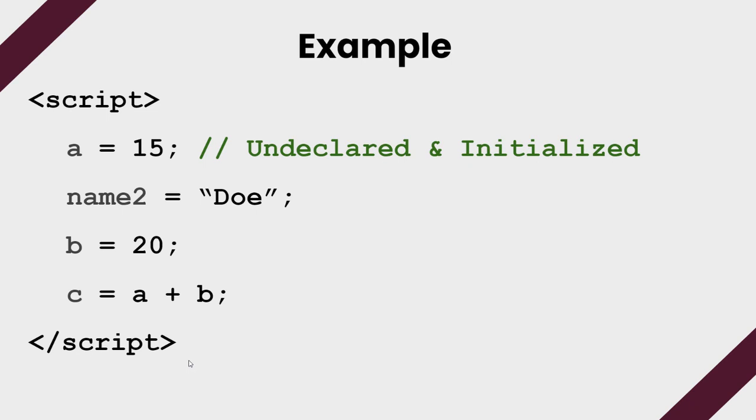So what this means basically is that the c value here, when printed on the browser, would have a value of 35, which is the sum of the a variable name and the b variable name, since a has a value of 15 and b has a value of 20.